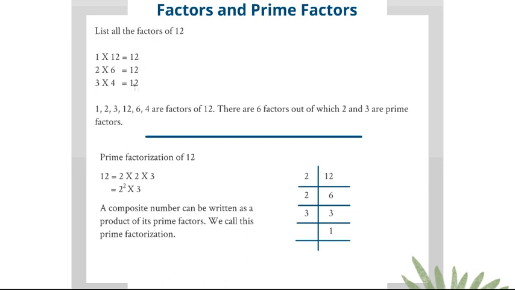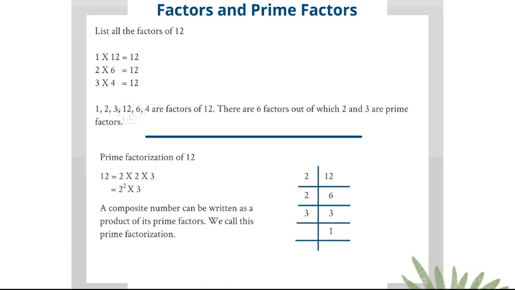So we can easily list out the possibilities of numbers that can be multiplied to give us 12. And we conclude that 1, 2, 3, 12, 6, 4 are factors of 12. And there are 6 factors, out of which only 2 of them are prime numbers, 2 and 3. So the prime factors of 12 are 2 and 3, but 12 itself has 6 factors, including 12 itself.